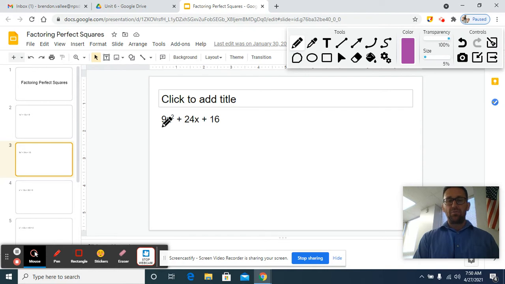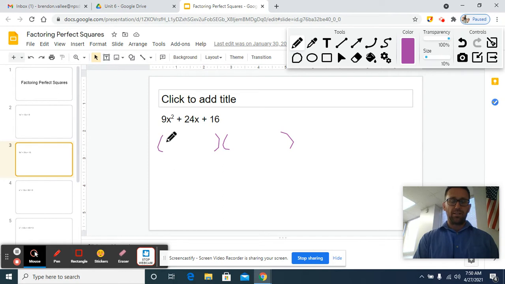So if you notice that this and this are perfect squares, you can do a little shortcut and take the square root.